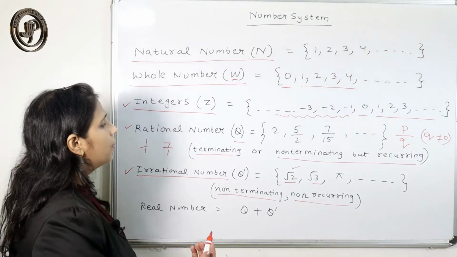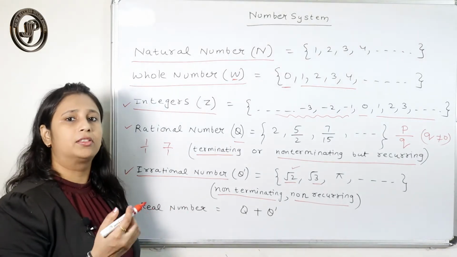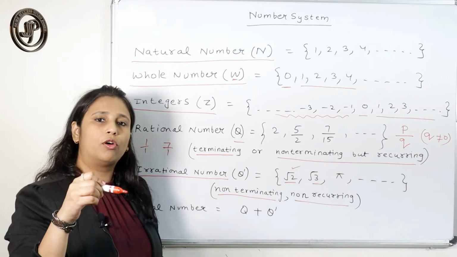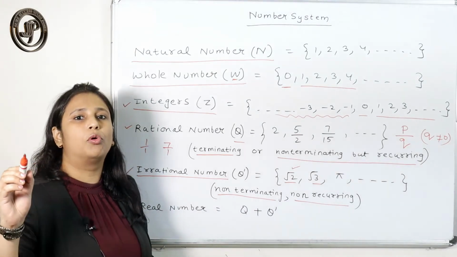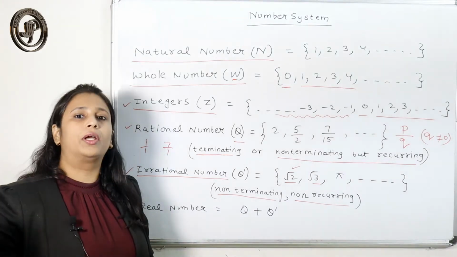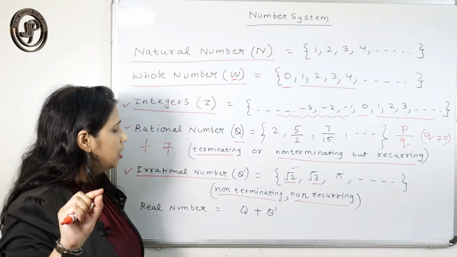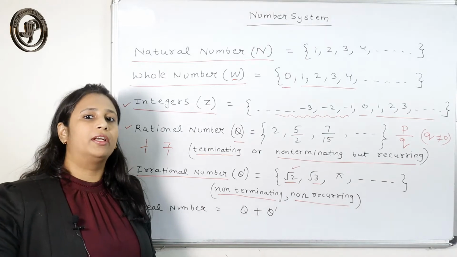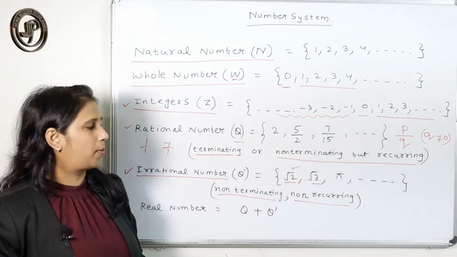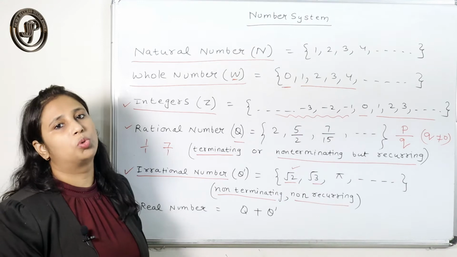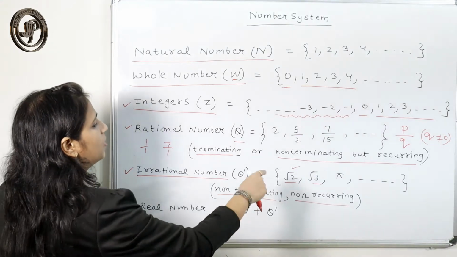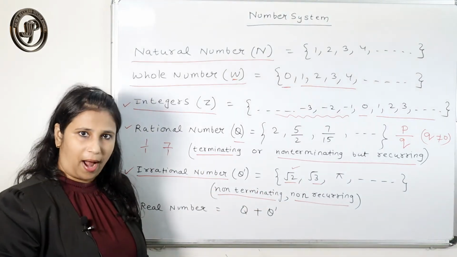If you remember, you did in class 8th that the value of root 2 is 1.414. If you work it out, the number does not terminate, and the digits are not repeated. So we can find out that root 2 is an irrational number. Same with root 3 and pi also.